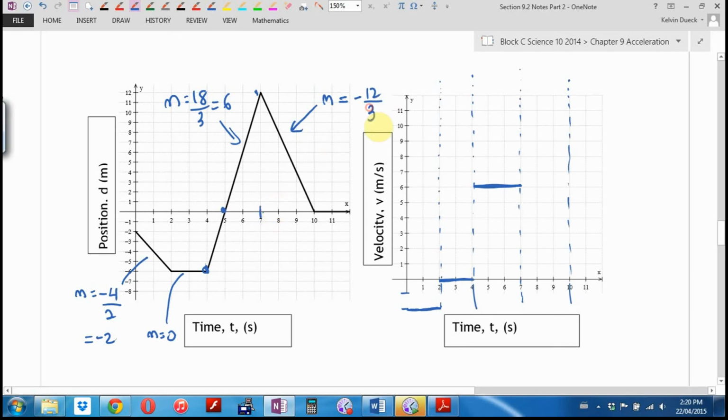Yep. In your head, without a calculator, what's -12 over 3? Okay, you know what? I'm going to have to go, because there's -2, there's -4, and I'm going to have to somehow draw this in like that, I think.